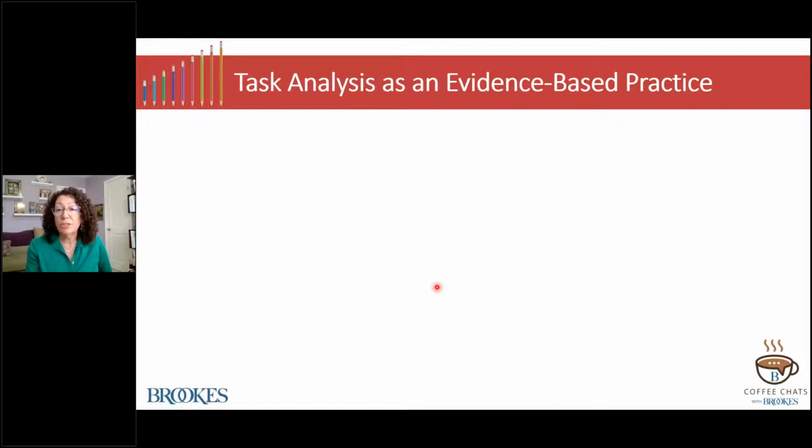Always in working with children with disabilities and being a teacher, we really want to pay attention to what's an evidence-based practice, what's been demonstrated in the literature to be an effective way to reach children, not just what someone posted on the internet, but what is an evidence-based practice. And there is a pretty ample evidence base for task analysis.